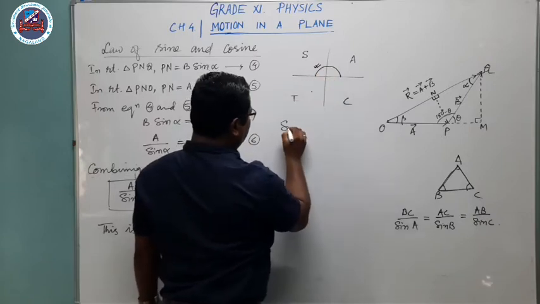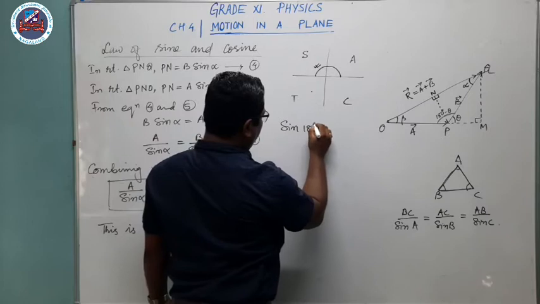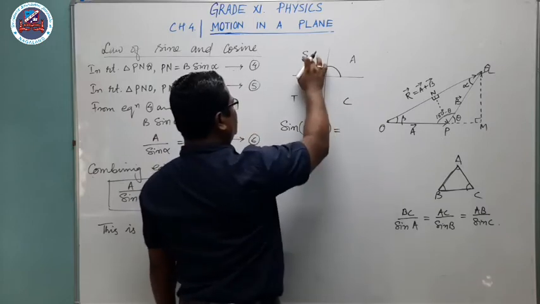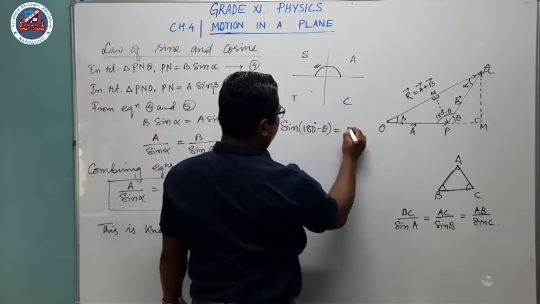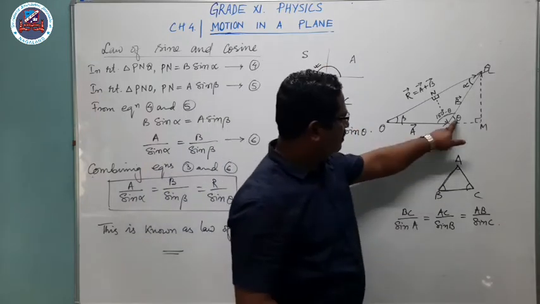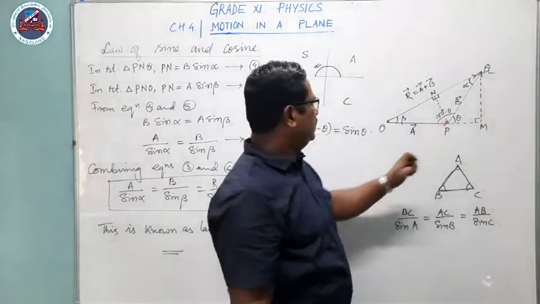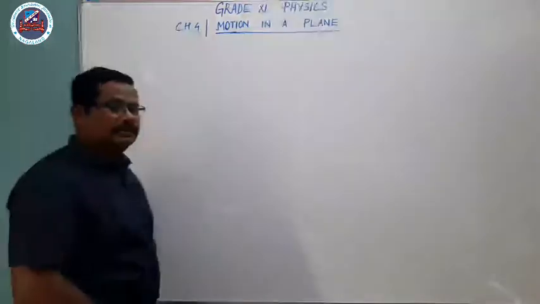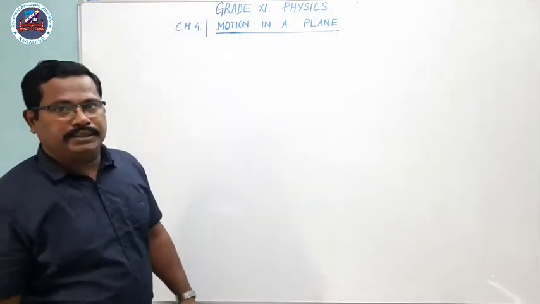So sine 180 minus theta, as sine is positive here, the value will be sine theta. So whether you take here or here doesn't make any difference. Trigonometrically you can get this value as sine theta.